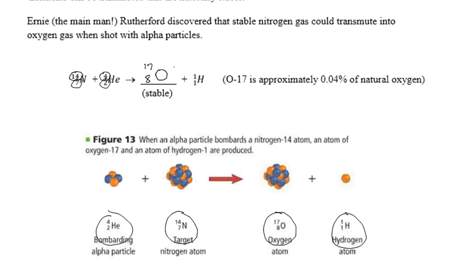We can tell an artificial transmutation because there will be a radioactive particle left of the arrow. So in natural transmutation, there's going to be a particle to the right of the arrow. In artificial transmutation, there's going to be a particle to the left of the arrow.